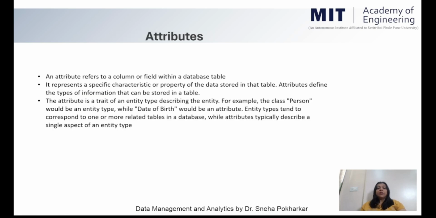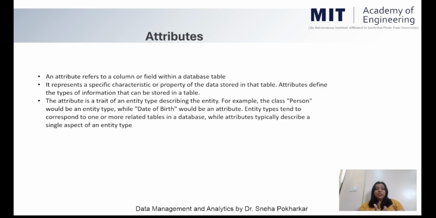It represents a specific characteristic or property of the data stored in that table. Attributes define the type of information that can be stored in the table, and these are nothing but the traits of an entity type which describe the entity. For example, the class person would be an entity type, while date of birth would be an attribute.